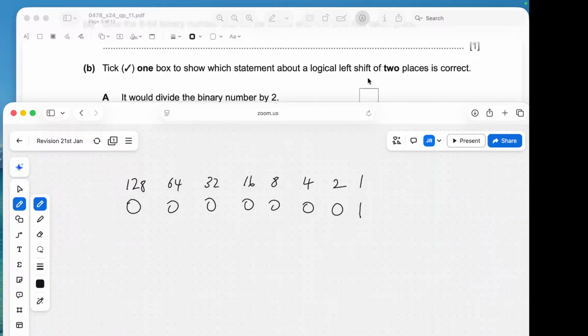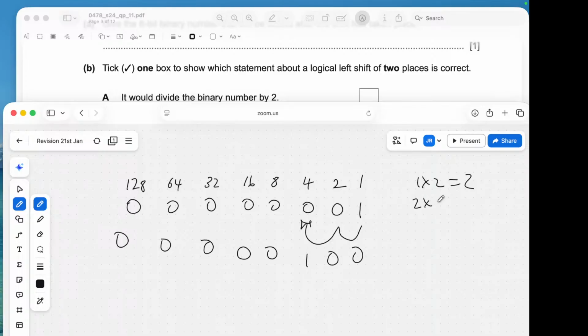We're going to logically left shift 2 places, so we move that 1 two places. What is that number? Well, 1 times 2 is 2, and 2 times 2 is 4. So it has multiplied it by 4.